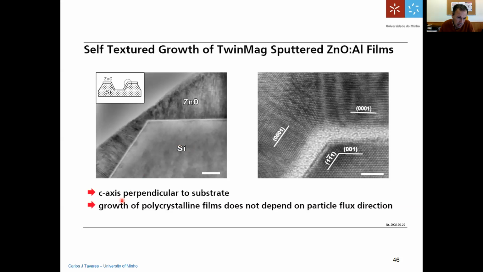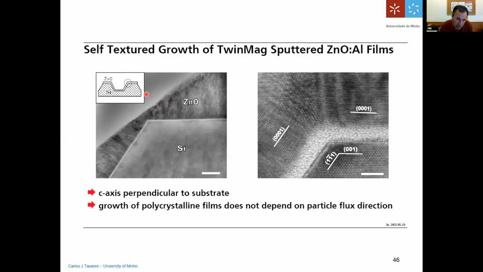This silicon surface is not flat. Actually, this is a profile of a silicon substrate, and you have a valley here, and you want to coat zinc oxide on top of it. Here we are zooming into this side, into the circle, and you can see that the thickness is not uniform.